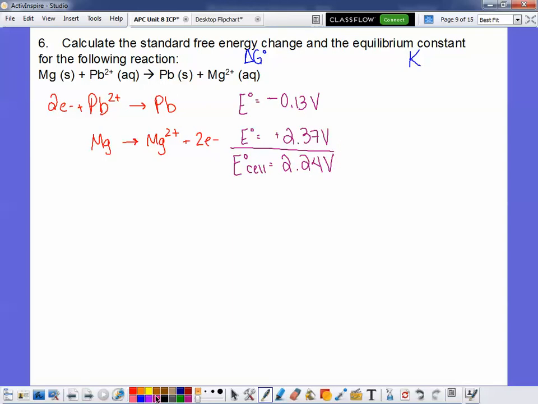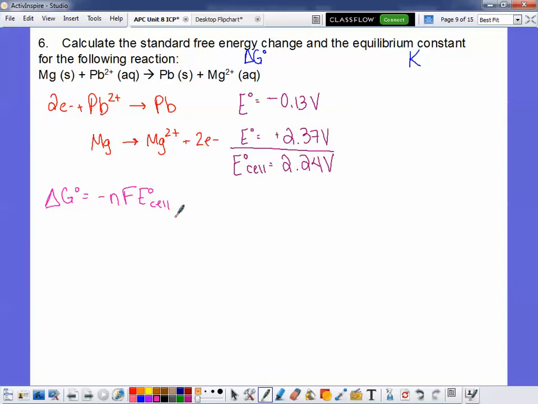Okay. So now that we have E of the cell, we're going to calculate delta G and we're going to calculate K. So the delta G equation from E of the cell looks like this. Negative nFE.